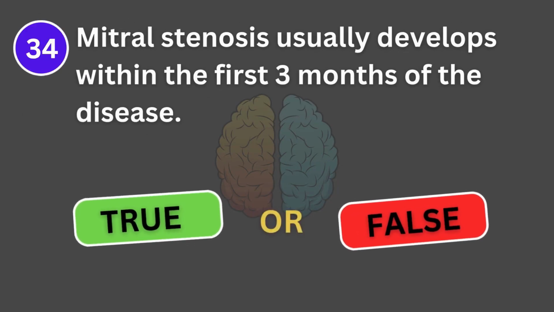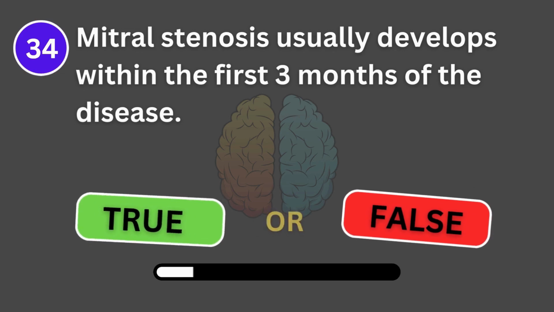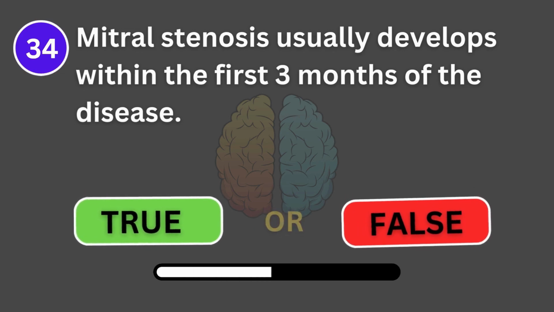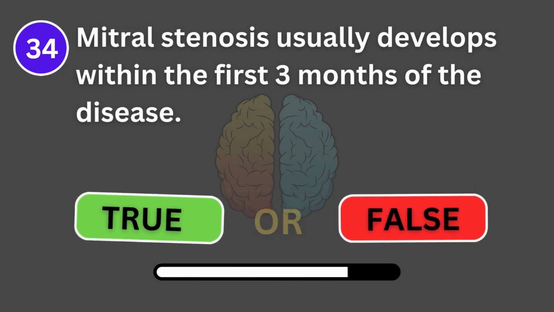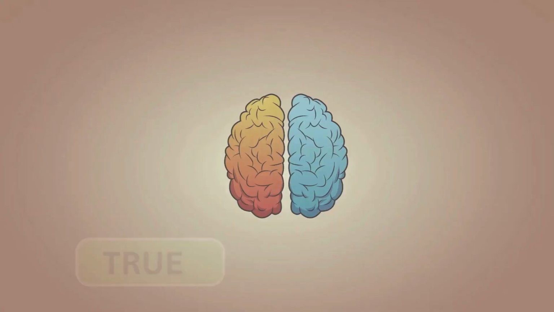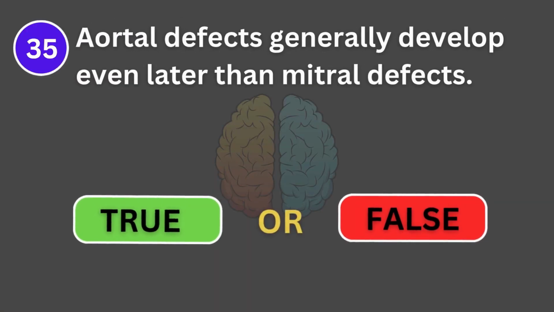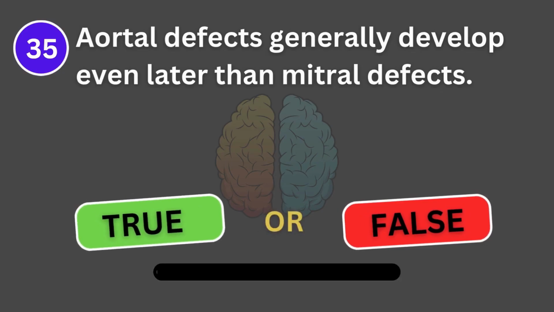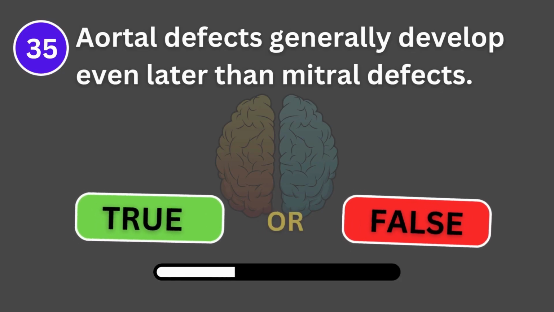Mitral stenosis usually develops within the first 3 months of the disease. Aortal defects generally develop even later than mitral defects.